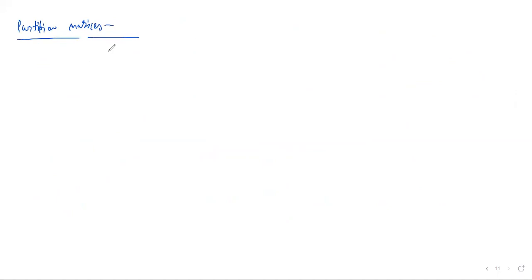So let's say I have a matrix A, which is 2, 4, 3, 1, 0, 1, minus 1, 3, 1, 0, minus 1, 0, 0, 2, 1, 0, 5, minus 2. If I want to partition this matrix into submatrices, we call these matrices blocks.